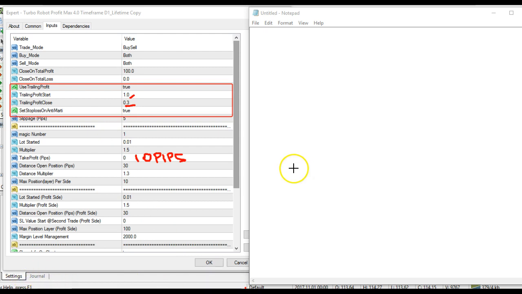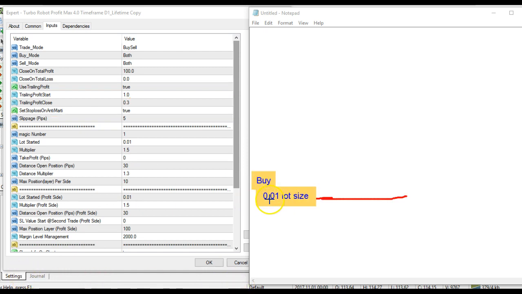Now we have decided that we use trailing profit. This is the trailing profit here. Let's say this is the starting point where the robot enters on this level. Let's say you are on a buy trade.